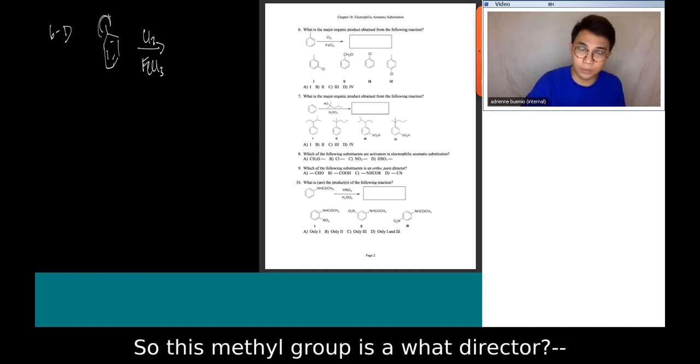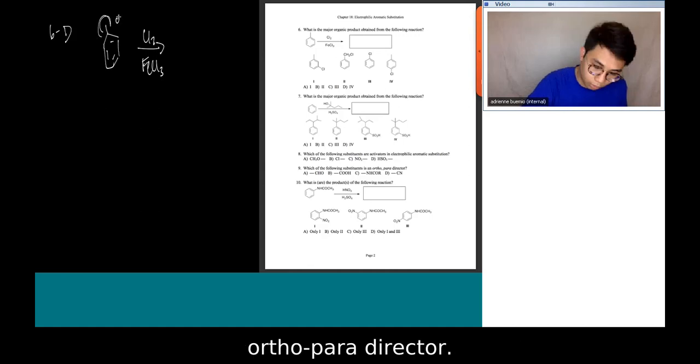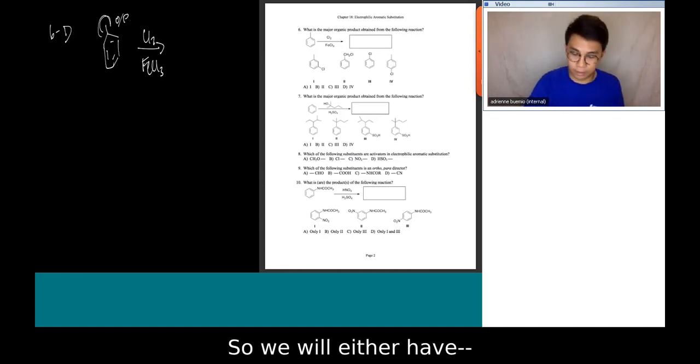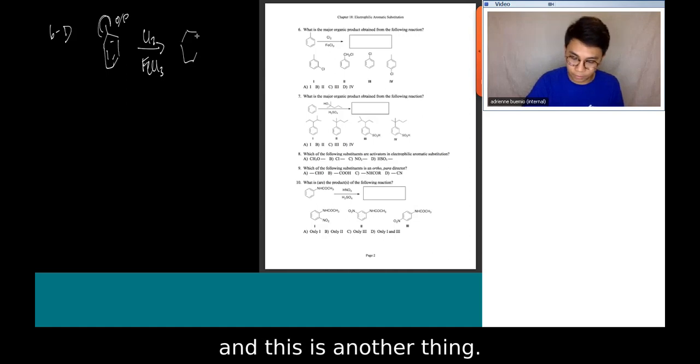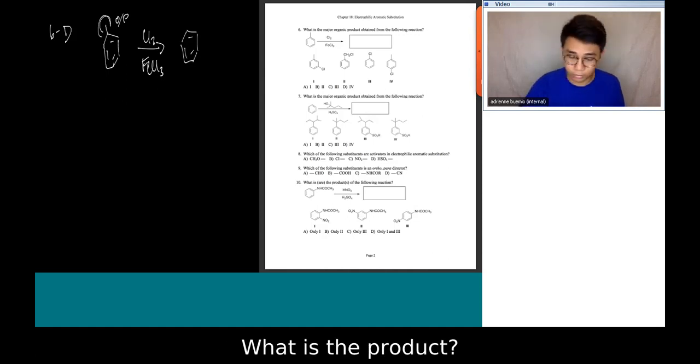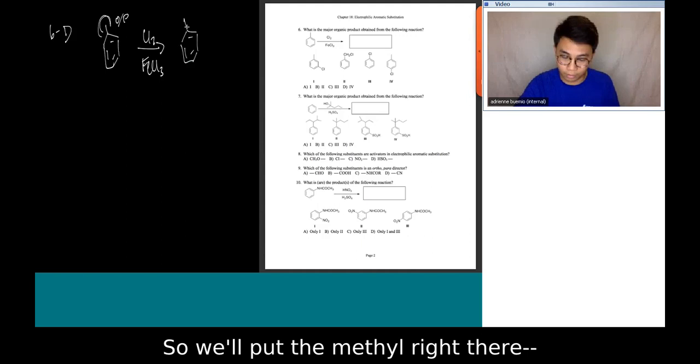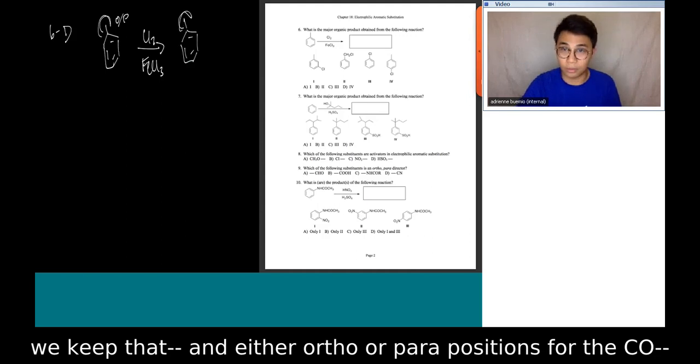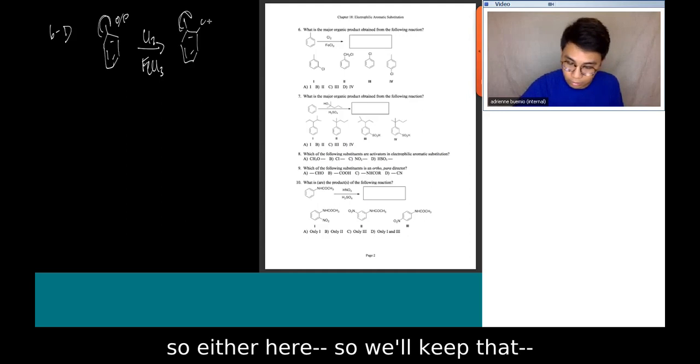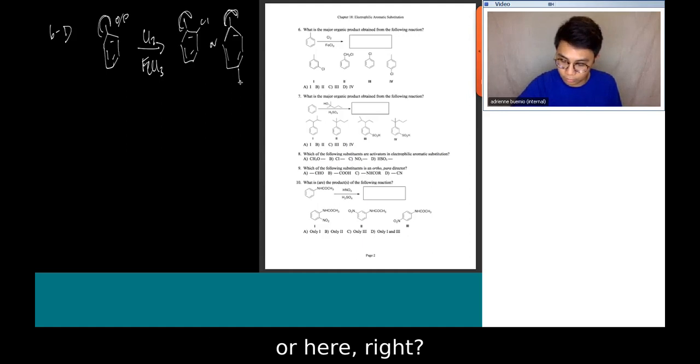So this methyl group is what kind of director? Ortho para director, right? So we'll have either, and this is another thing, draw them out first. What are the products? We'll have the methyl right there, we keep that, and either ortho or para positions for the Cl. So either here, or, so we'll keep that, or here, right?